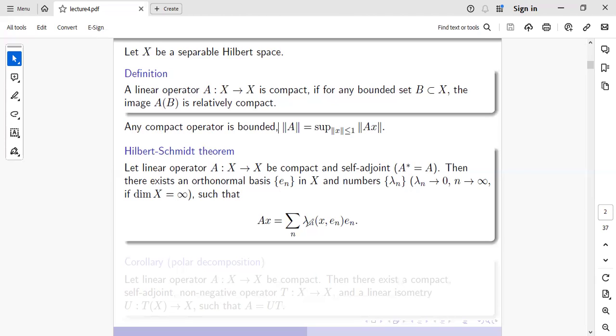And if the space is infinite dimensional, then lambda_n converges to 0 at infinity.